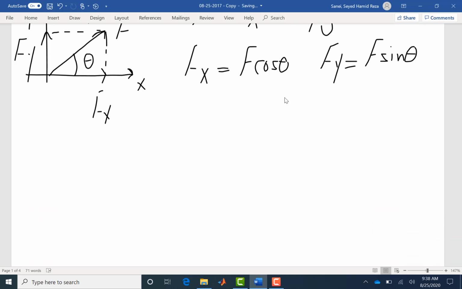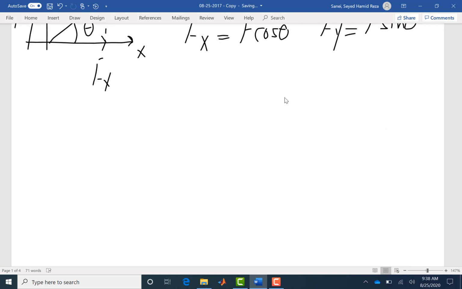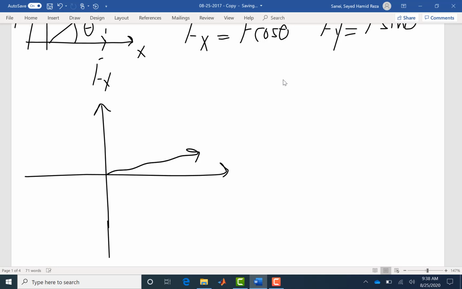So let's say you want to find a resultant force. Let me draw my coordinate system. I have a coordinate system here, and I have 3 force vectors: F1, call this F2, and another vector here, F3.